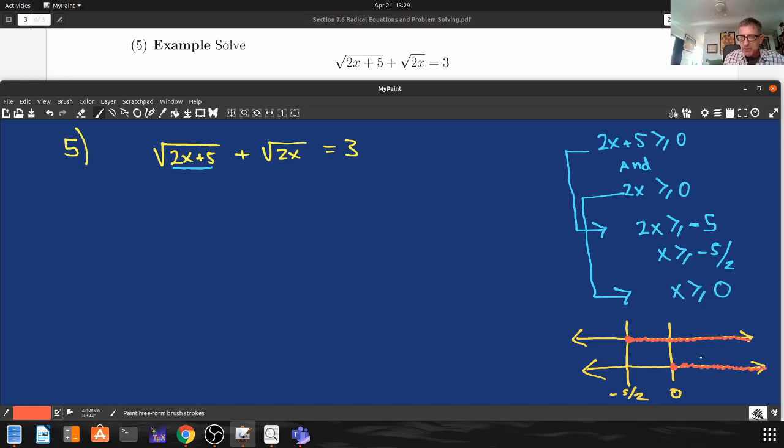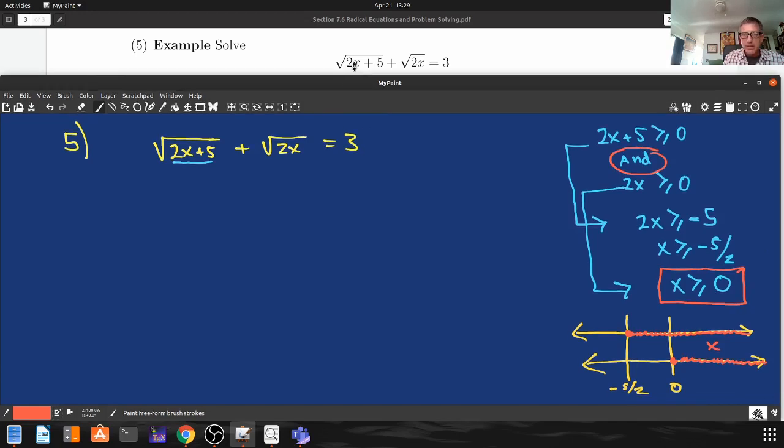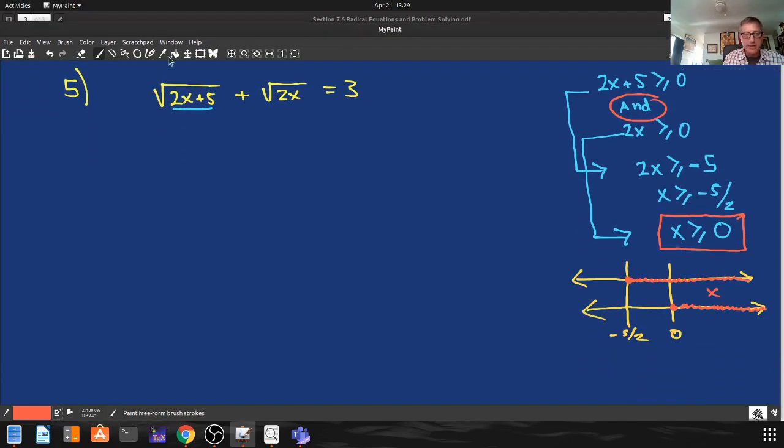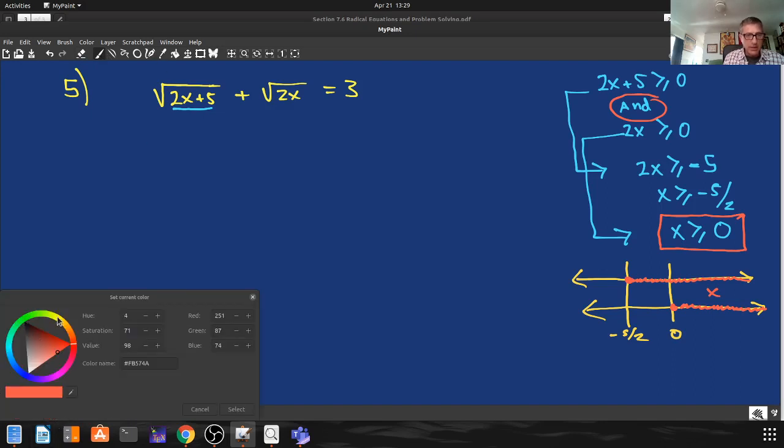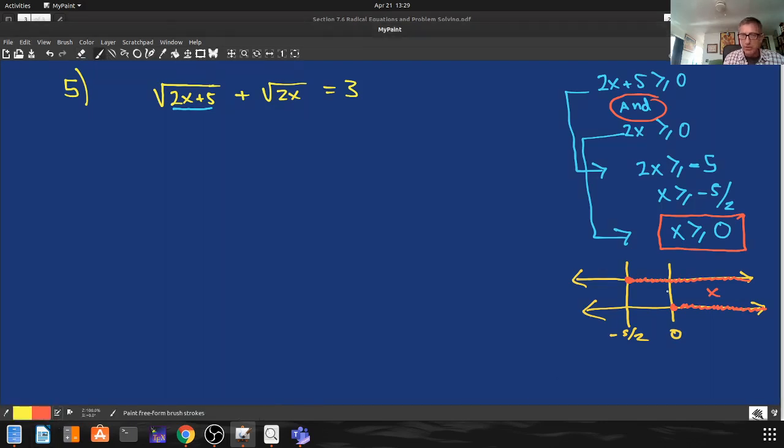So since both of these have to be true, then x has to be in this area up here, which means x has to be greater than or equal to 0, because the and means I'm taking the intersection of two sets. In particular, again, this is the only thing I think that for this review, this tells me that x is in the set.